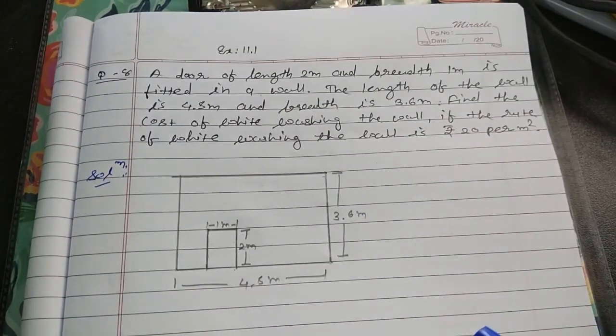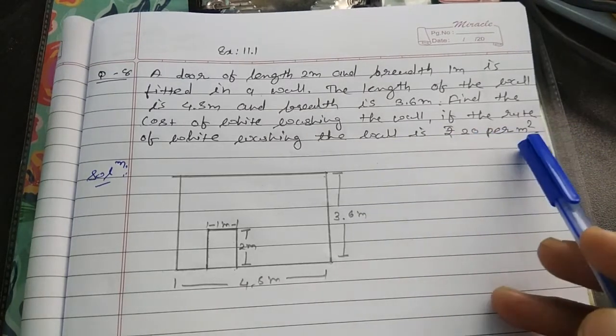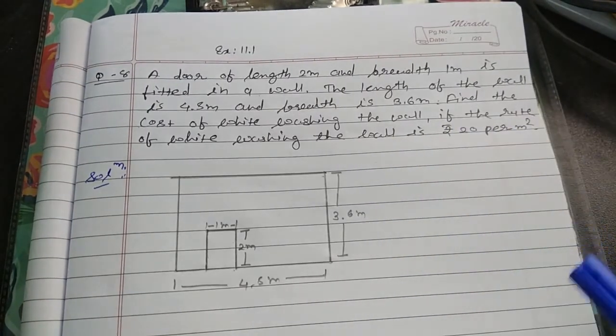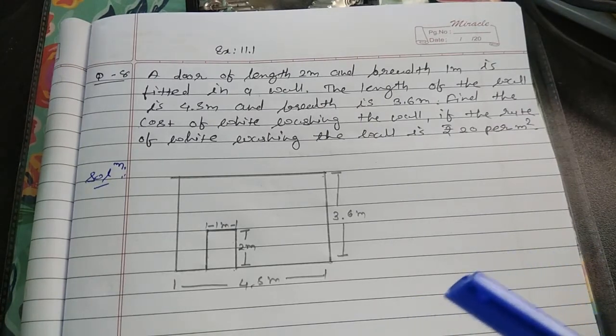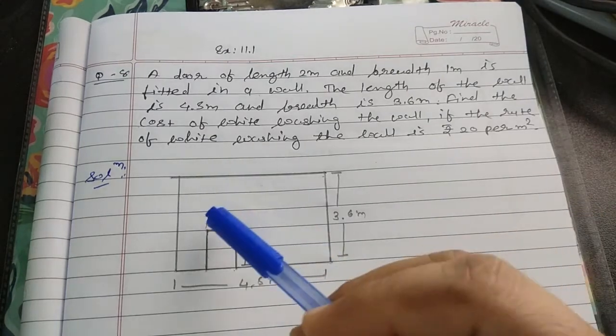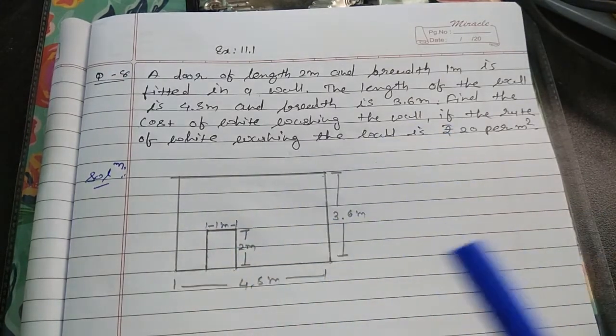Now what we have to find? We have to find the cost of whitewashing the wall, and the rate is also given to whitewash the wall, that is nothing but rupees 20 per meter square. Now here what we have to keep in mind, to whitewash the wall we have to find first the area of the wall, then we can find the cost of whitewashing the wall.